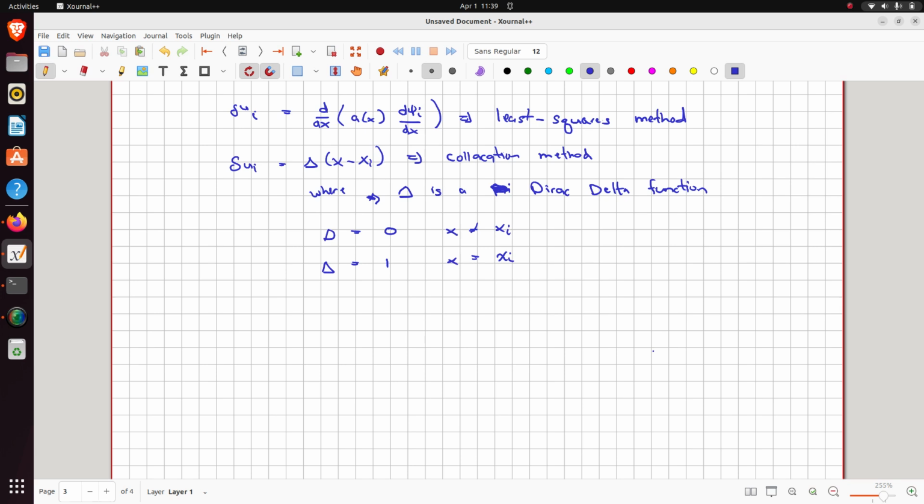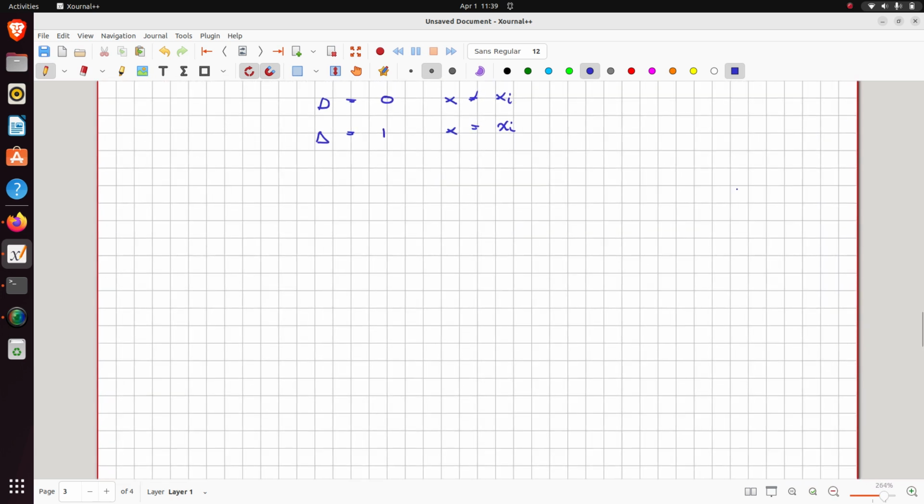So basically you can choose your test function, or your del ui, to be a Dirac delta function located at the nodes, and then because of this property, it's 0 everywhere else and 1 at the nodes. And that's the first step for recovering a finite difference method from the finite element method.